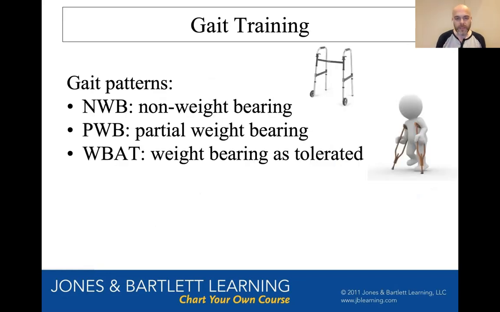Gait training, we do this in just about every area of PT, but you'll do it in ortho too. So in ortho, you usually have weight bearing statuses. Let's start at the bottom and go up. WBAT means weight bearing as tolerated. That means yes, and this usually has to do with a leg, or it can be an arm too.